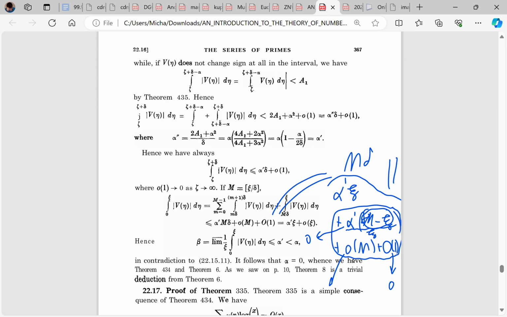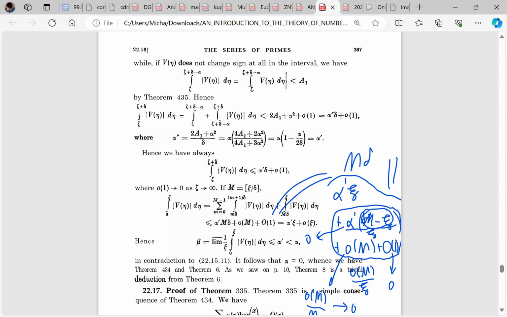So let's see, how does this work? Little o, so we know little o over m. When you divide that by m, it goes to 0. Okay. And now we're dividing it by xc, and xc is bigger than m times delta.